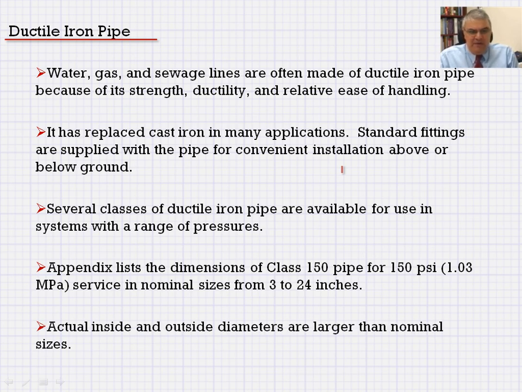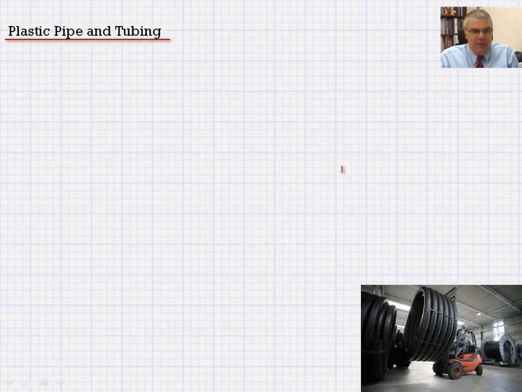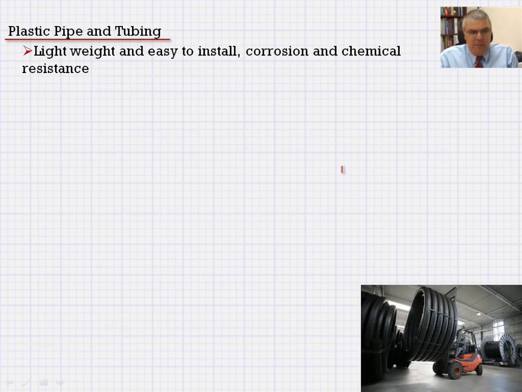Again, these are nominal sizes, not actual sizes, so one must pay close attention to the actual size and use those in calculations. Plastic pipe and tubing are also pretty popular, and they are lightweight and easy to install. One of the greatest advantages is corrosion and chemical resistance.